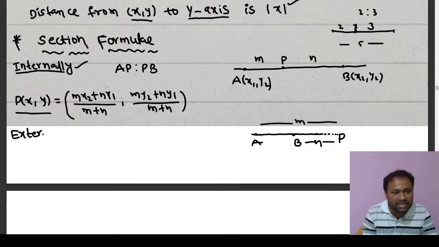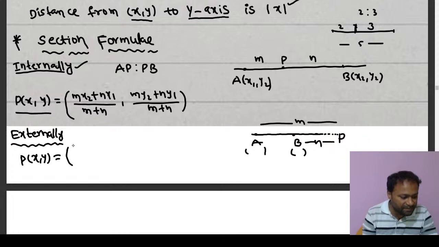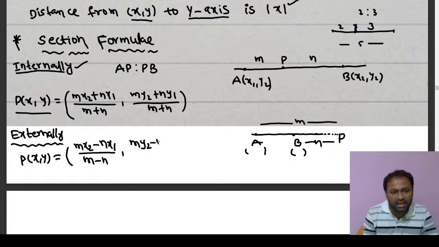So for the external point, with the same A x1 y1 and B x2 y2, P of x comma y is equal to (m x2 minus n x1) divided by (m minus n), and (m y2 minus n y1) divided by (m minus n).